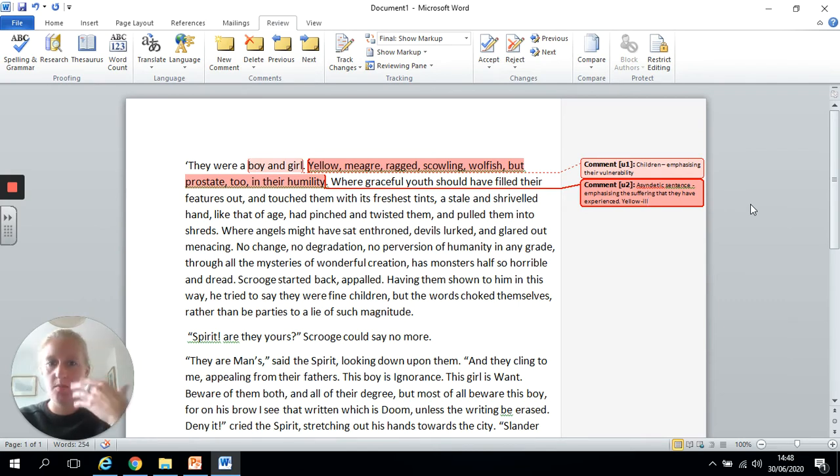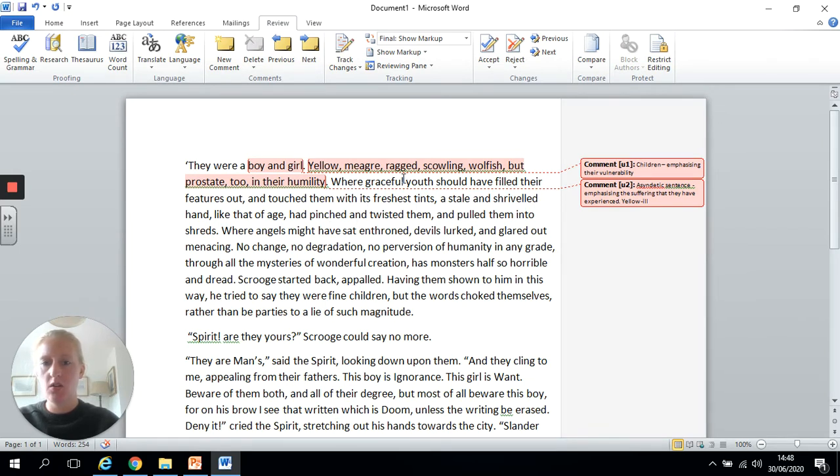They're ragged, so their appearance isn't good. They're wolfish, so we're starting to get some reference to the idea of them almost being animals. But they are prostrate. That kind of means not lying down, but begging. They're desperate. And then we just continue going through.